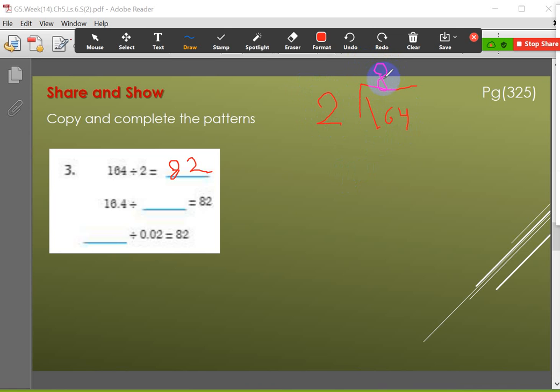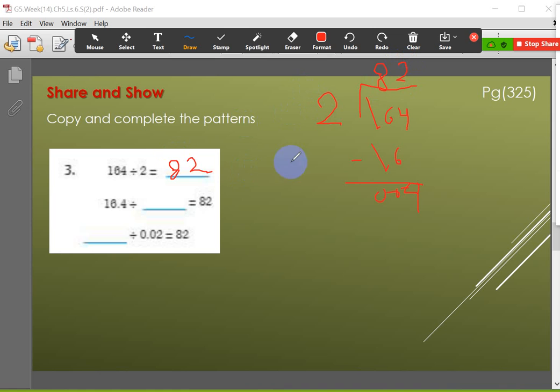And try to multiply 8 by 2, the answer will be 16. Then subtract, so it will be 0. Then take 4 and divide it by 2. 4 divided by 2 equals 2. So the quotient will be 82.